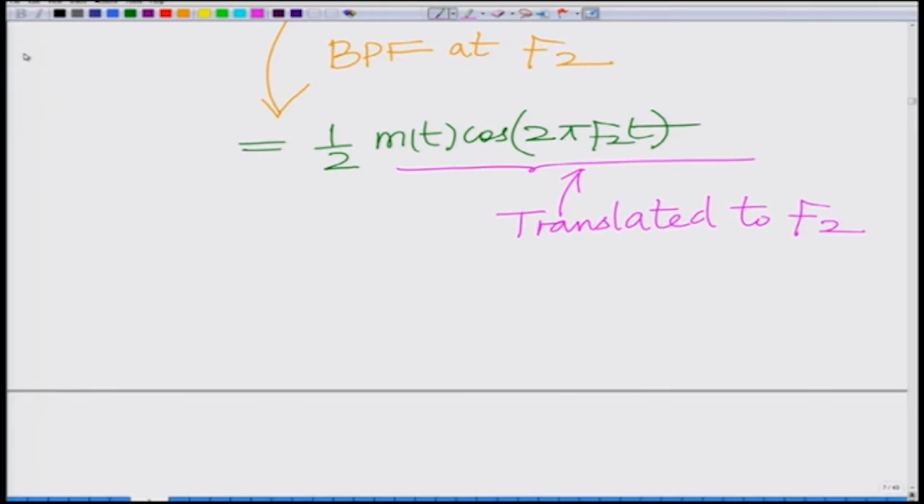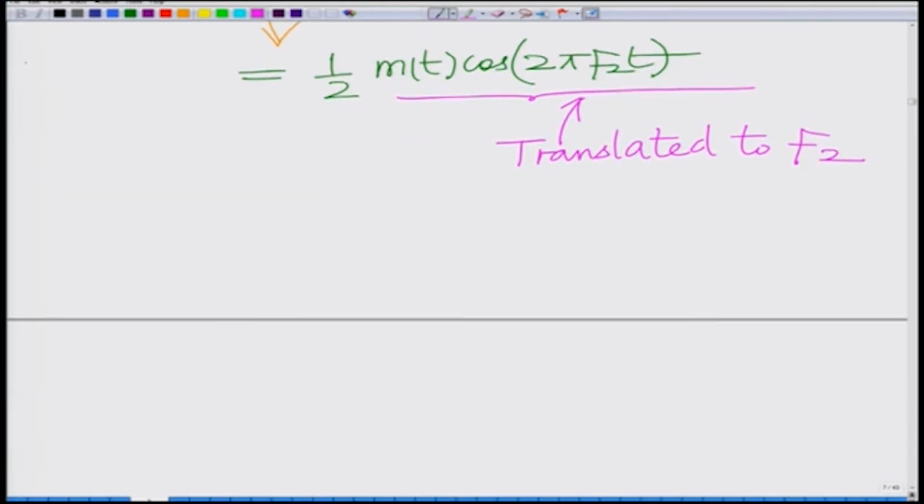Okay. Now, therefore, there can be two mixing frequencies, either f1 minus f2 or f1 plus f2. If f1 minus f2 is employed, it is known as a heterodyne. If f1 plus f2 is employed, it is known as a super heterodyne. That is, the mixing frequency is greater than the frequency of the incoming signal. Okay.